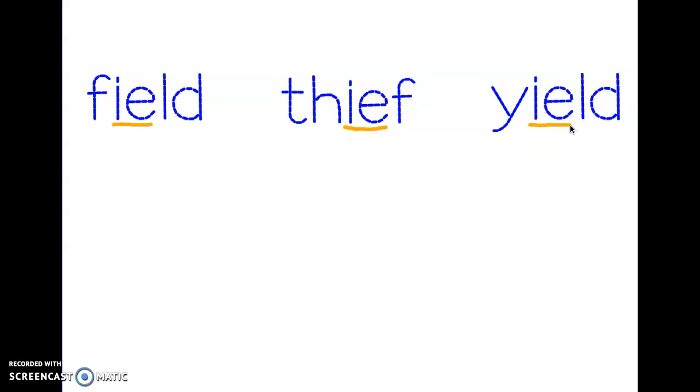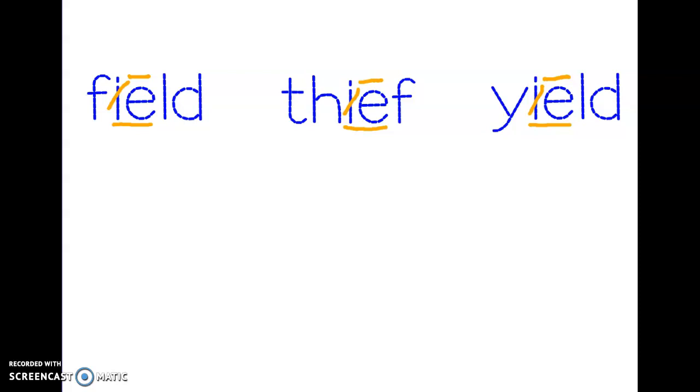How should we code this digraph so it says E? Good job, we're going to put a macron over the E to show the long E sound. And then we're going to cross out the I because we do not hear that sound. Do these words need any other coding?